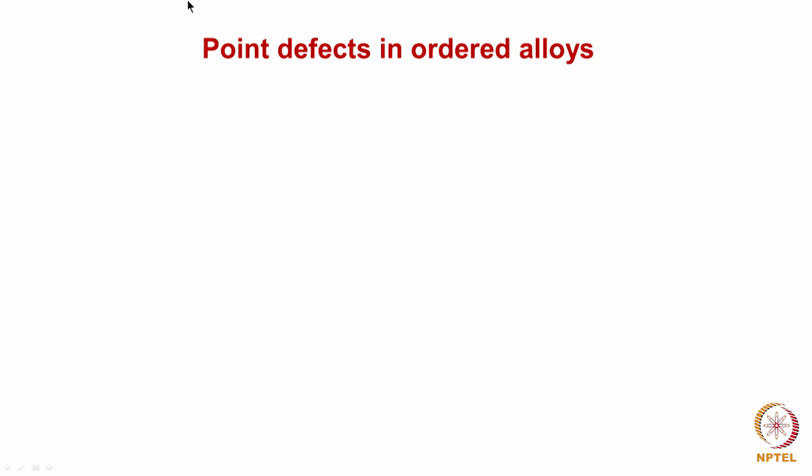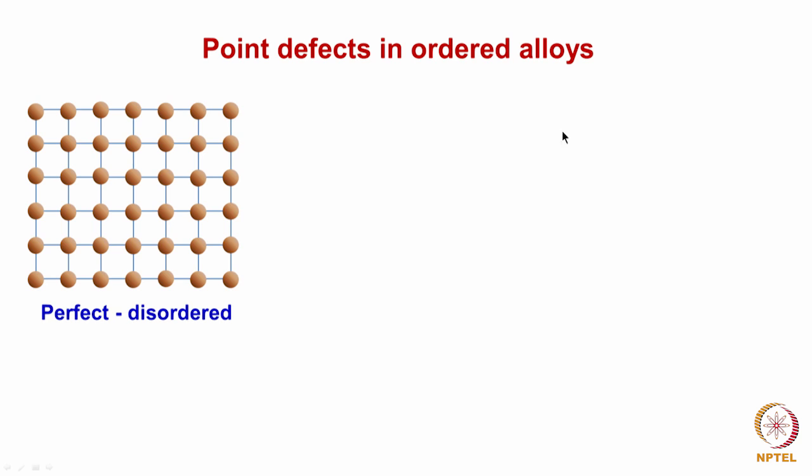Now, whatever we have discussed so far is true for metallic systems, or it is also true for a system which is a disordered alloy. When I say that it is a disordered alloy, what I mean is that the position which the atoms can occupy in the lattice is not fixed.